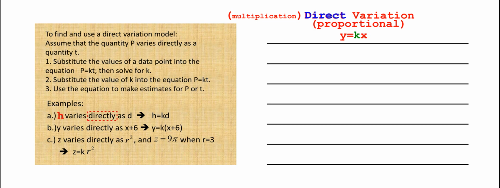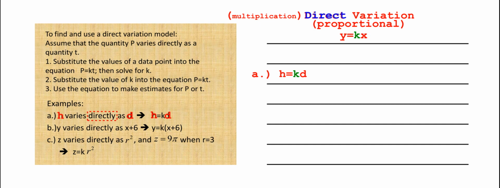So there is our keyword, directly. So it means we're going to multiply. And it varies directly with d. Which one came first? H. H came first, so therefore h equals, and in this case, our other variable is the d. It varies directly as d. And our constant, of course, is k. So let me just write it right here on the right side. For a, h equals k times d.